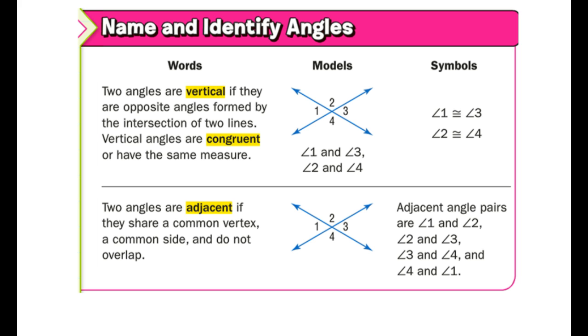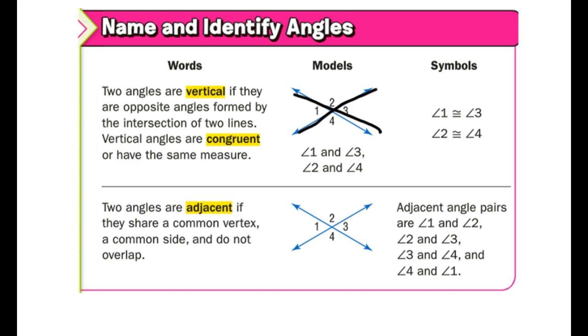Okay, this should be a little bit of review, though some of you may not have learned it. Two angles are vertical if they are opposite angles formed by the intersection of two lines. Vertical angles are congruent, or have the same measure. So you look at this line and this line creating 1 and 3 to be opposite from each other and 2 and 4 to be opposite from each other.